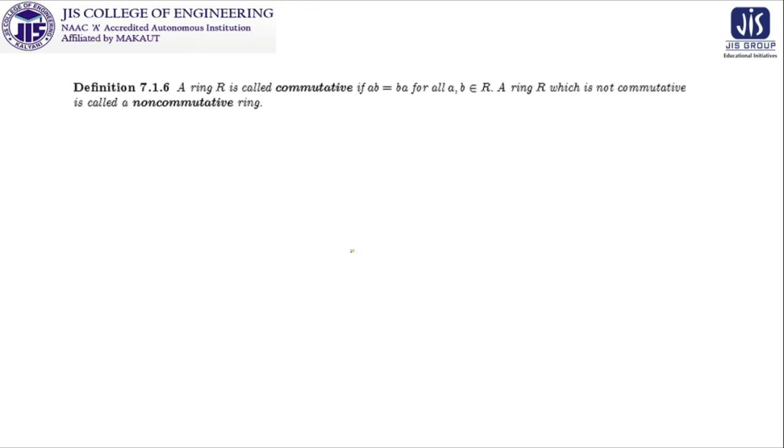Now, another definition: when is a ring R called commutative? From the definition, you know that the ring R has to be commutative with respect to the first operation plus. If it is not commutative, it will not be a ring.